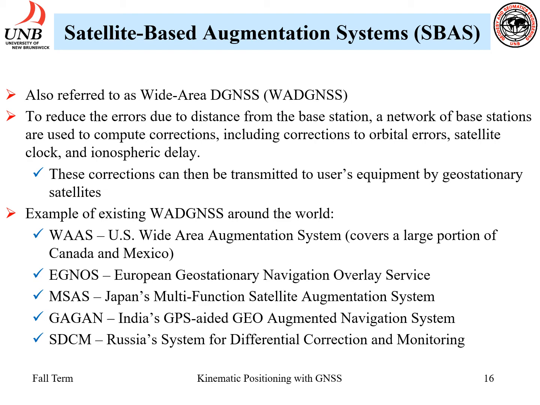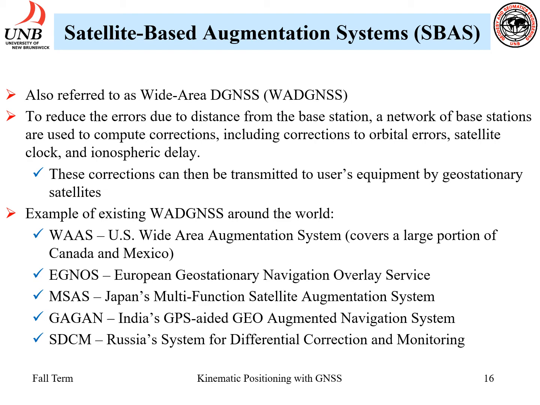So the objective is to reduce the errors due to distance from the base station, and a network of base stations is used to compute corrections, including corrections to orbital errors, satellite clock, and ionospheric delay. So instead of a single DGNSS station, what we have is a network of stations.